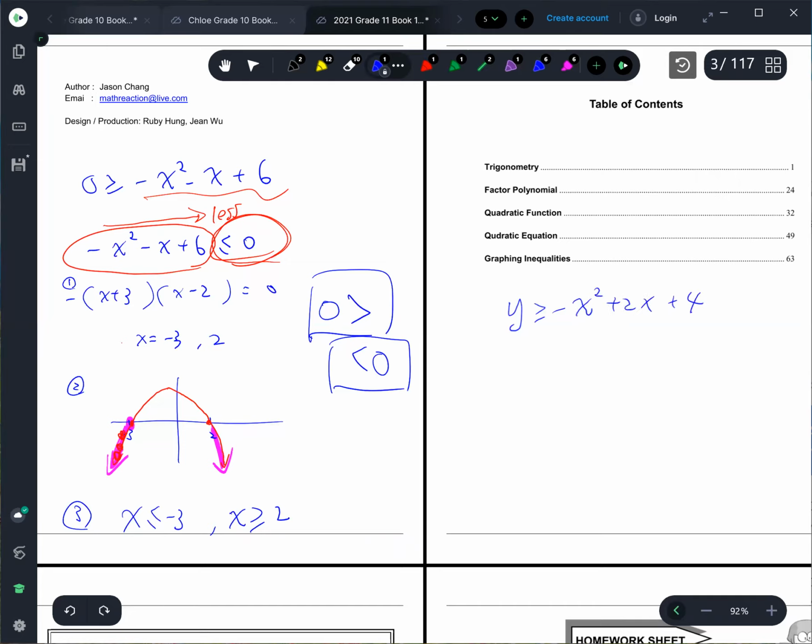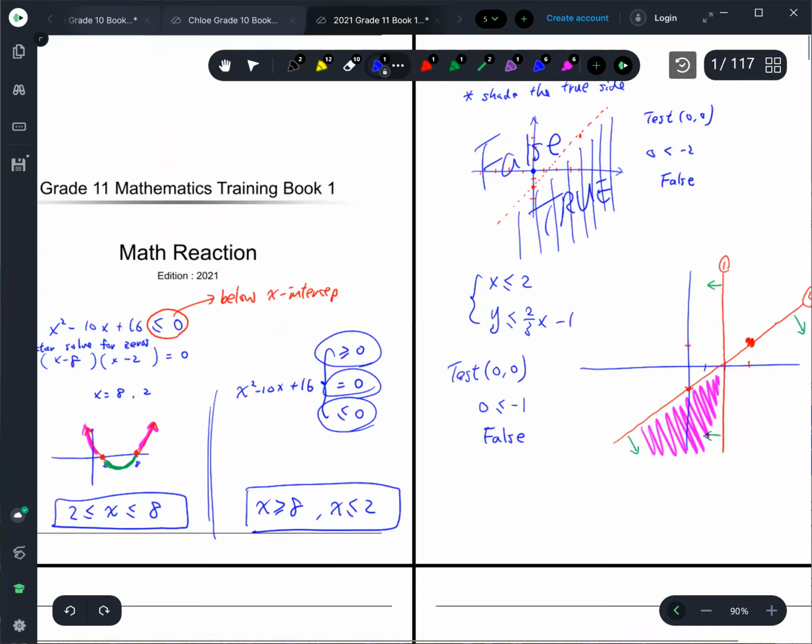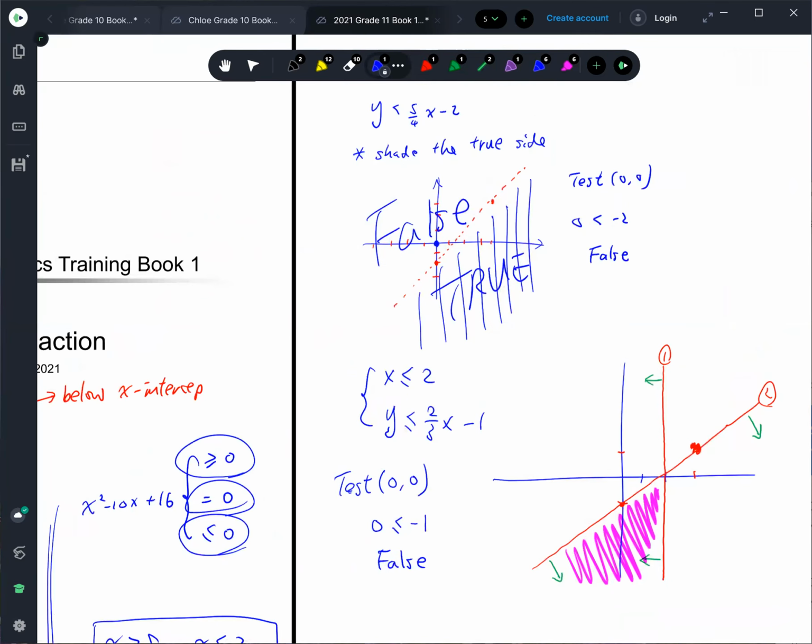This one has a y. This one is the shading one. So it's a different kind of question, right? If it's shading, you do the same thing we did up here. You draw the graph and then test the point.